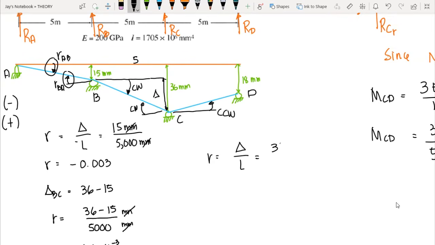So we have 36 minus 18 over L. L here is 5,000. So we have R is equal to 18, because we subtract 18 from 36 because the length here is our delta. Okay, so delta is 36 minus 18. So we have the answer 0.0036, and the sign is positive because again the rotation is counterclockwise.